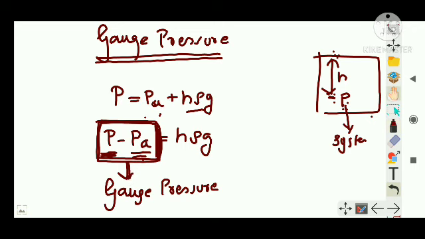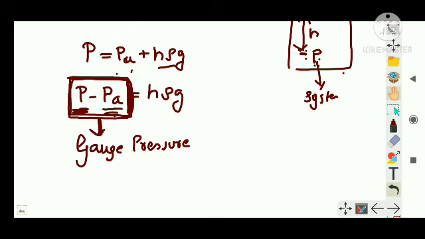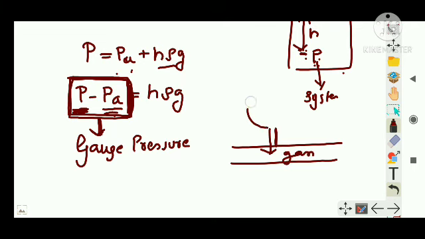And for any device you use to measure pressure, suppose you have a gas line and you are asked to measure the pressure of the gas here, you will connect a gauge, a measuring device, here. That measuring device always measures the pressure between a point here and the atmospheric pressure.